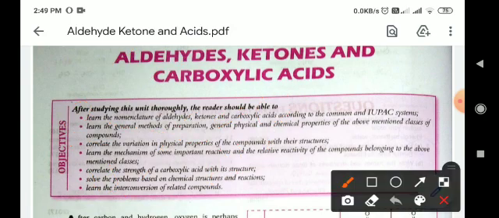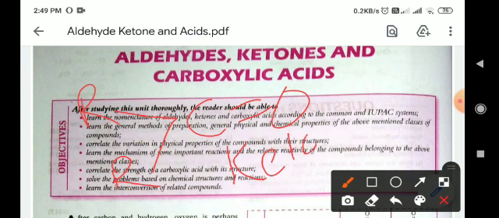Second, if in this carbonyl group both free valencies have alkyl groups, then it is known as a ketone. So in aldehyde there was one alkyl group and one hydrogen, but in ketones two alkyl groups are attached to this carbonyl group.